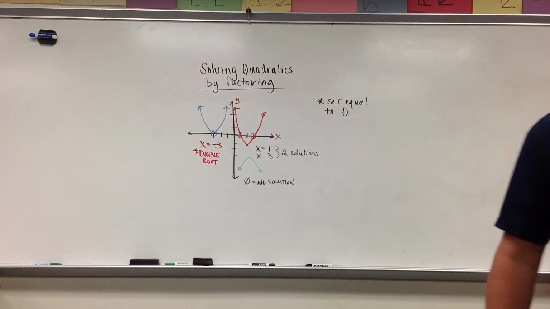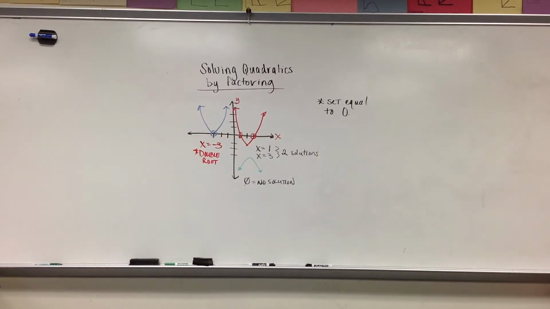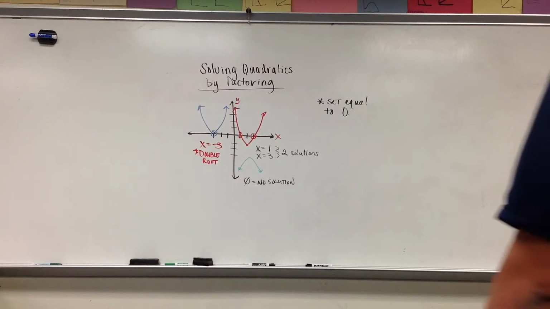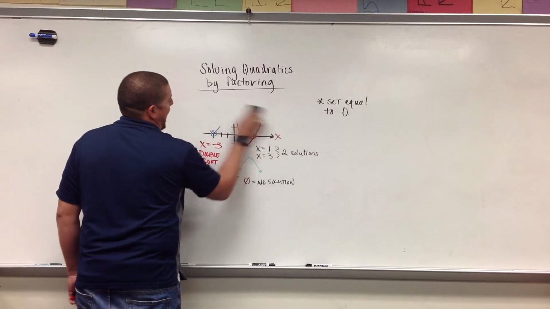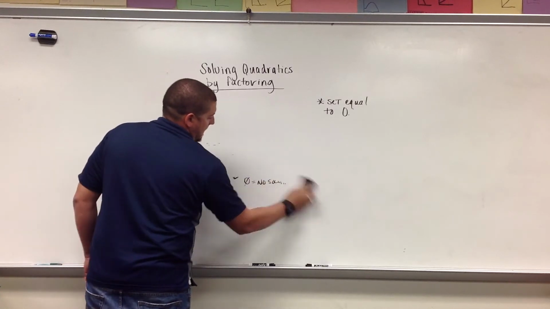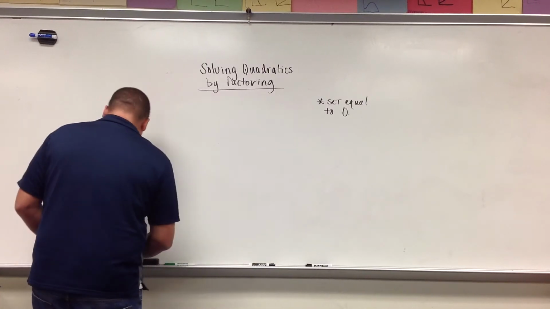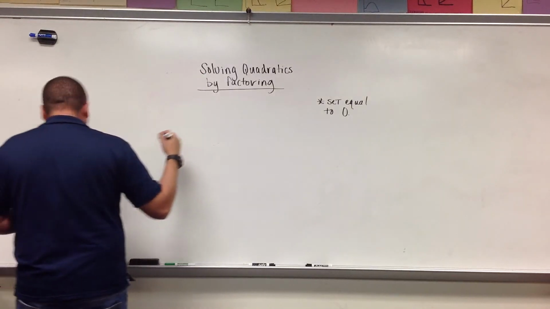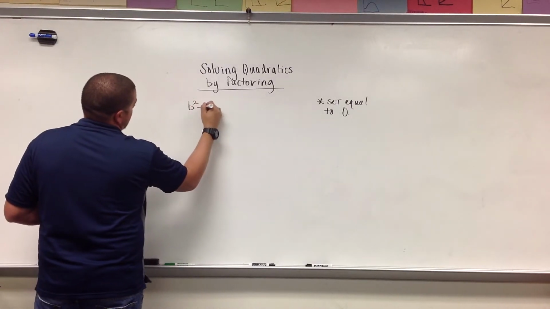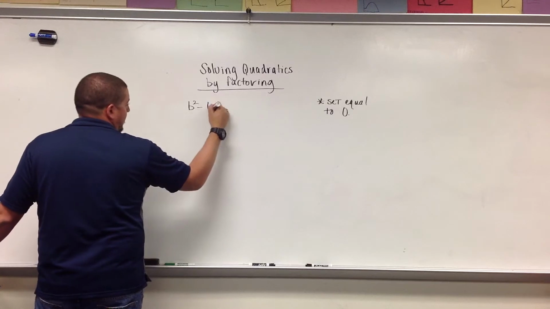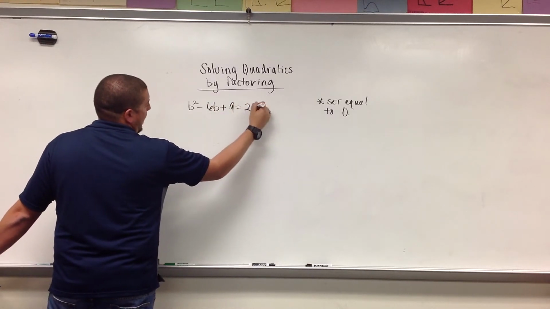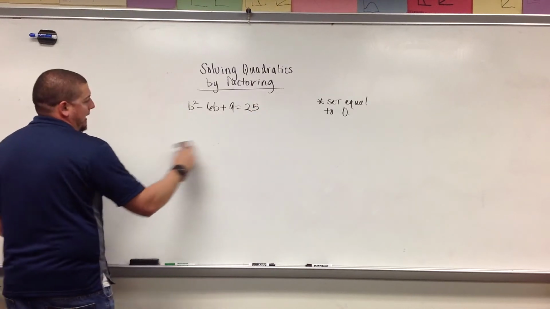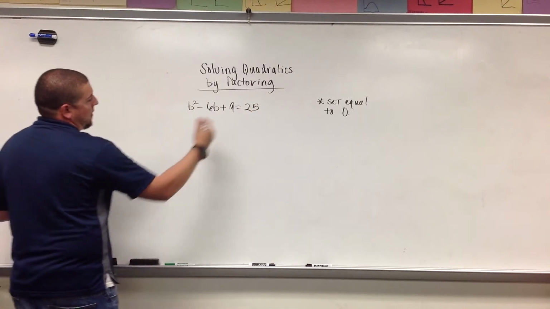So now we just need to work on solving them using factoring. So how do we do that? Well, let's go back to the first example that we looked at, and we'll solve that quadratic by factoring. So we had b squared minus 6b plus 9 equals 25. If you remember correctly, the first thing we did was get rid of that 25.